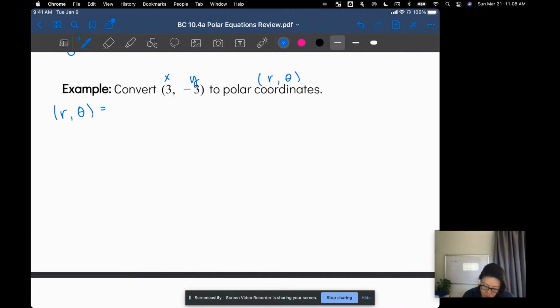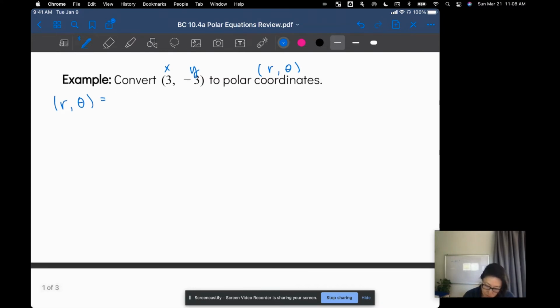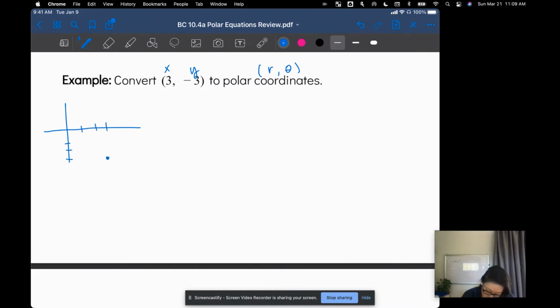Okay, I have x and y: 3, positive 1, 2, 3, negative 1, 2, 3. I have a vector that looks like this, with x equal to 3 and y equal to negative 3.